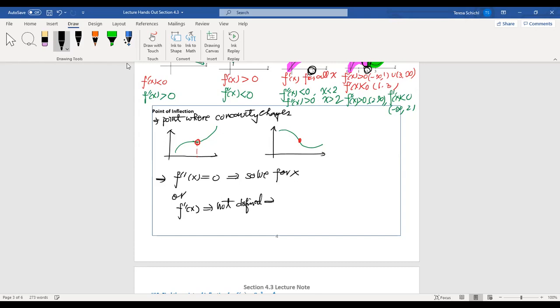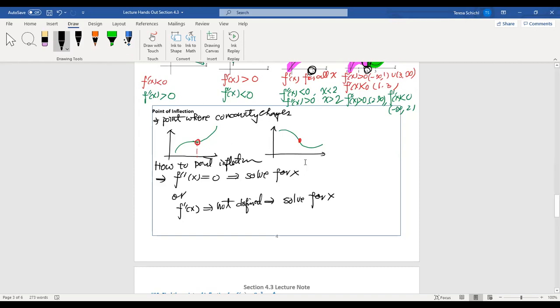Then solve for x here. So this is how to find the points of inflection, just like we say how to find the critical point, okay?